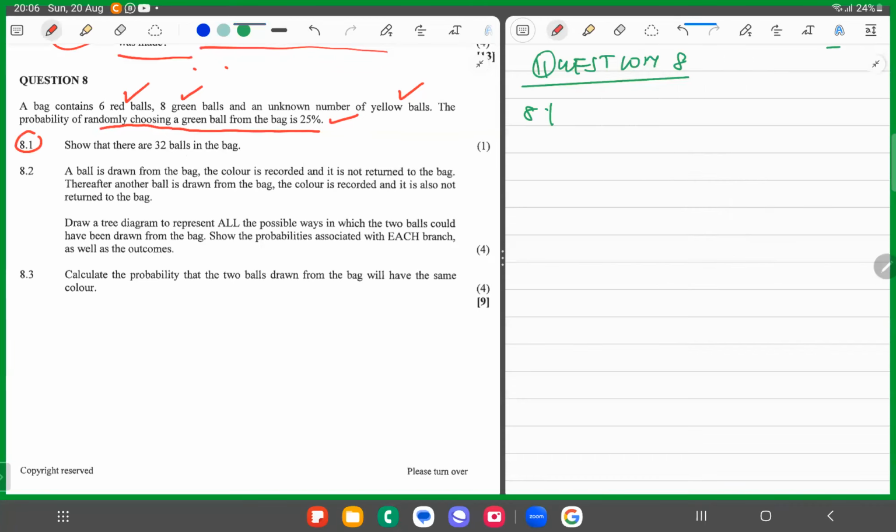Let's just show that one. We know that the probability of randomly choosing a green ball from the bag is 25%, so it's 0.25.